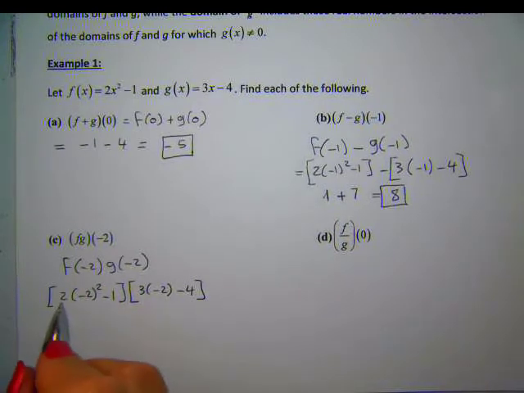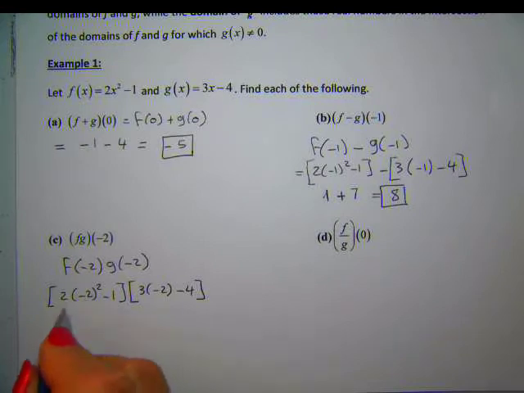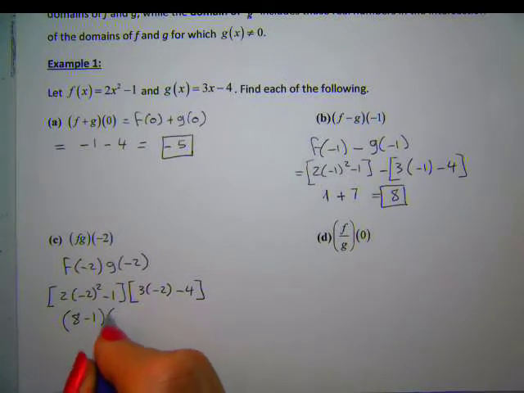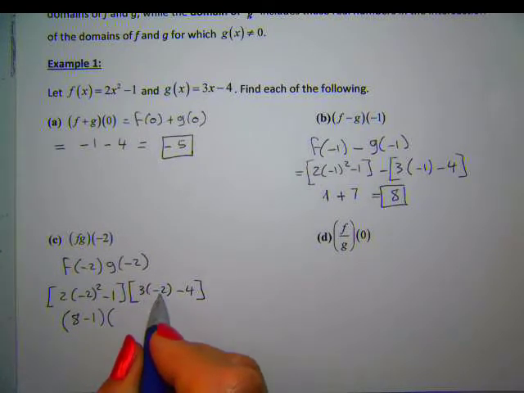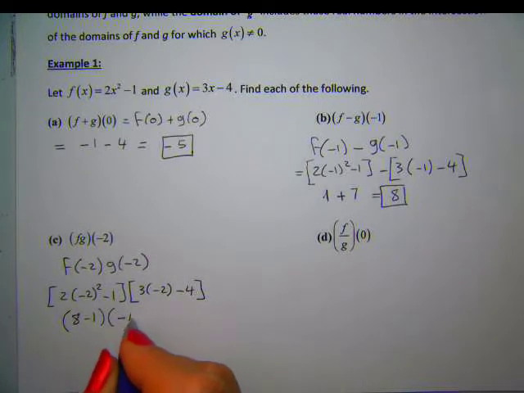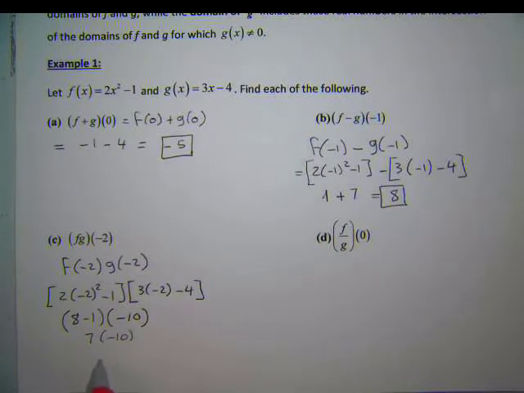So this is 2 times 4, which is 8 minus 1, multiplied by negative 6 minus 4, which is negative 10. So this is 7 times negative 10, which is negative 70.